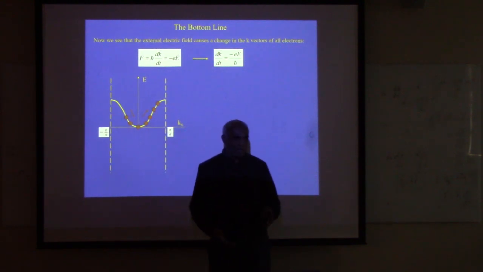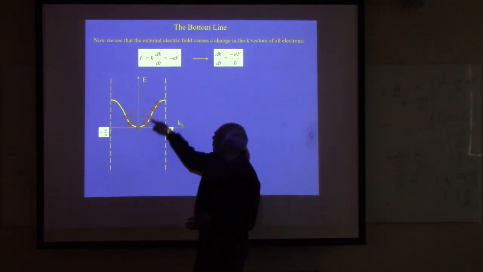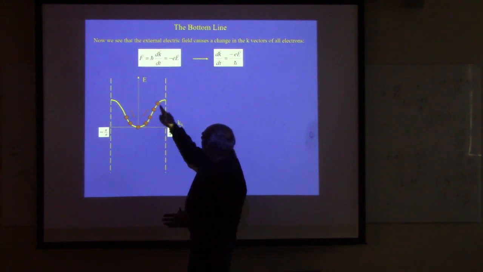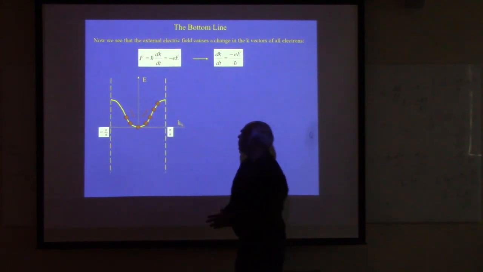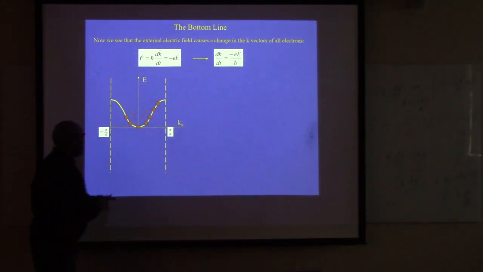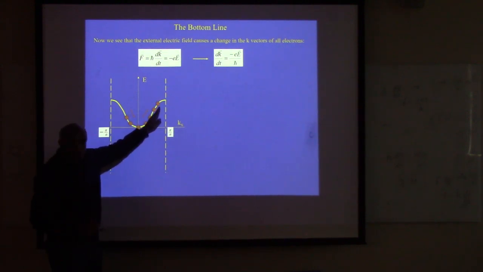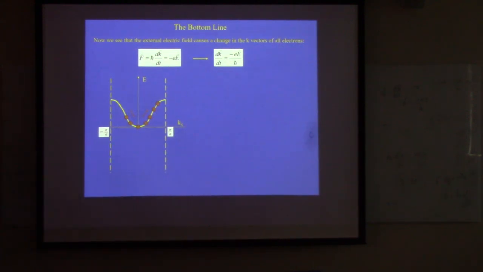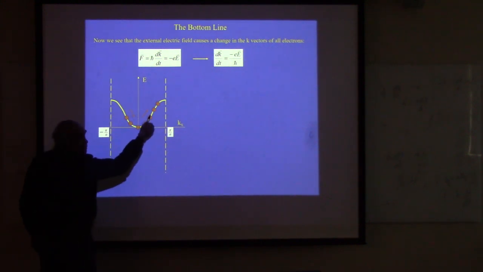With time you will see this moving, which means you have current, right? What is the velocity in this case? These electrons have velocity given by dE by dk, right? Here dE over dk is positive, here dE over dk is negative.